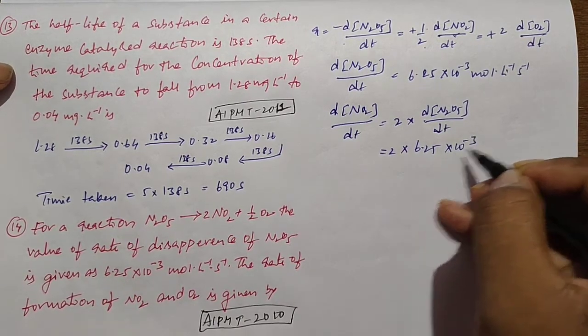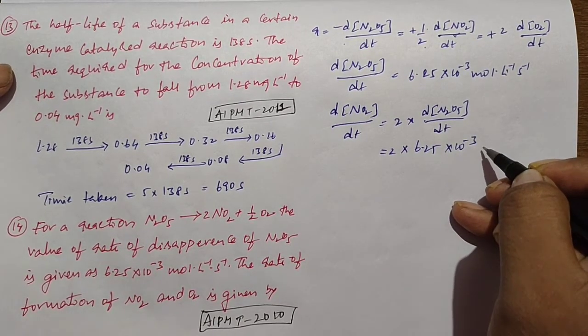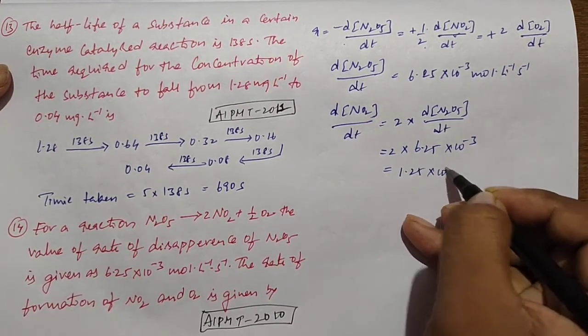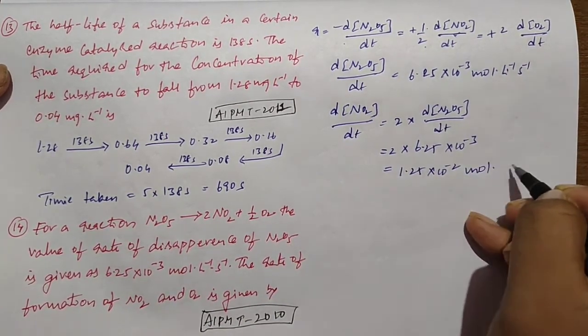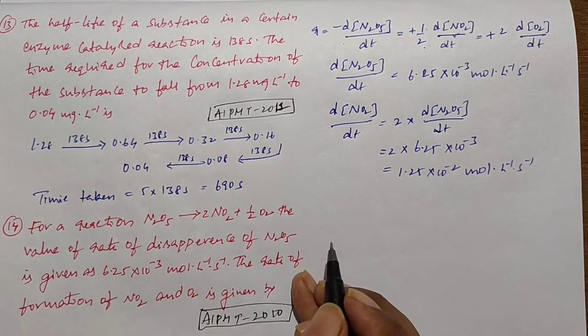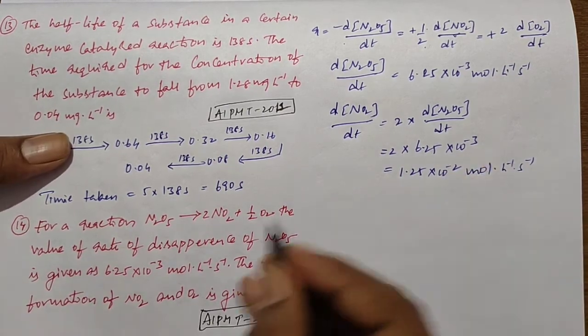Finally after simplification of this value, we get 1.25 into 10 power minus 2 mole liter inverse second inverse.